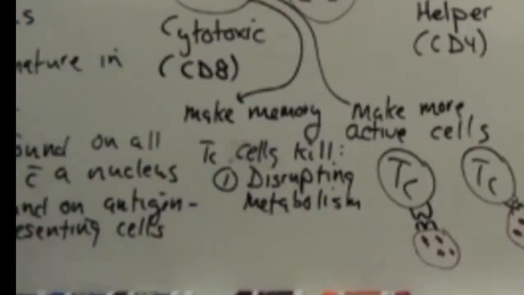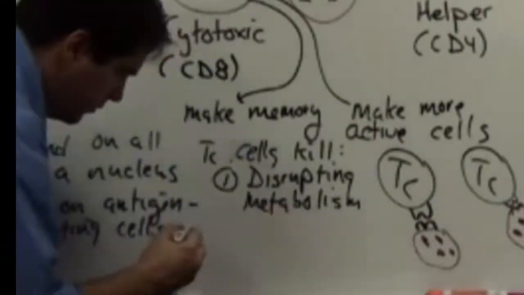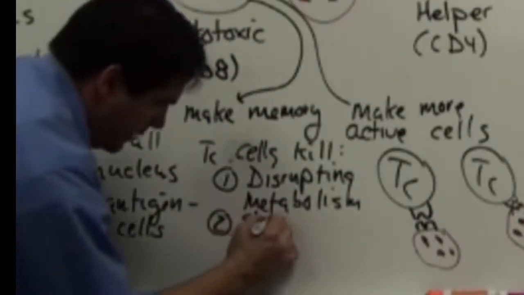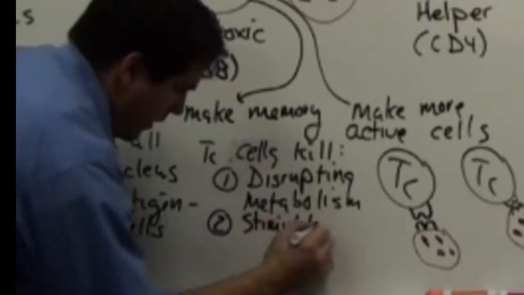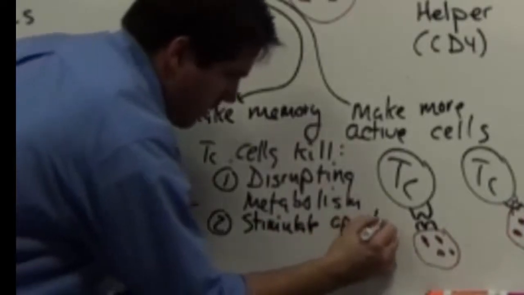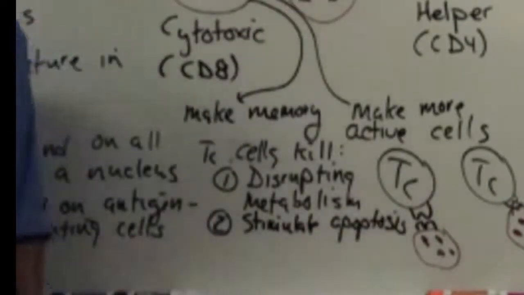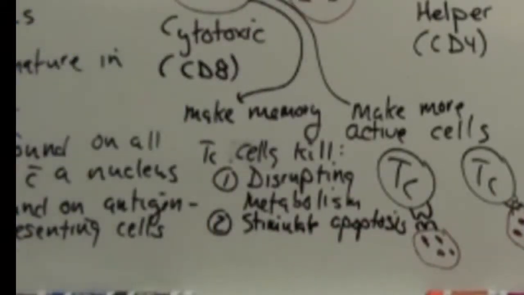It's going to make it hard for that sick cell to make ATP and energy anymore. It's going to stimulate apoptosis, which is basically a set of genes that, when activated, will cause a cell to just die. So it's kind of a self-destructive type of button.